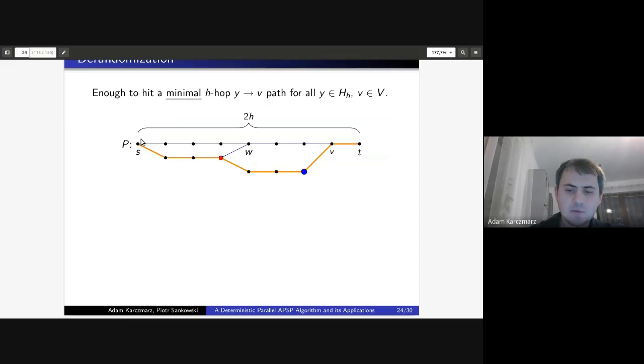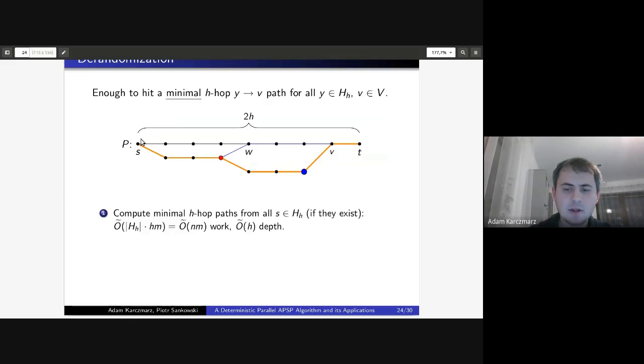So basically, this proves that the computed hitting set is a desired 2H hub set of G.